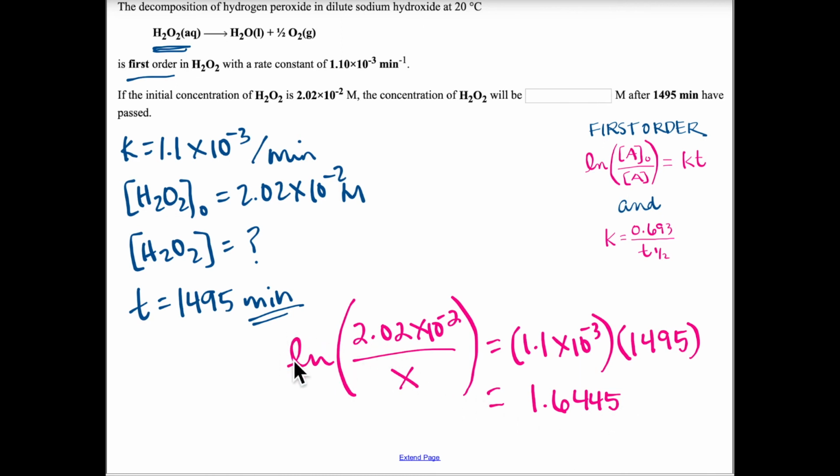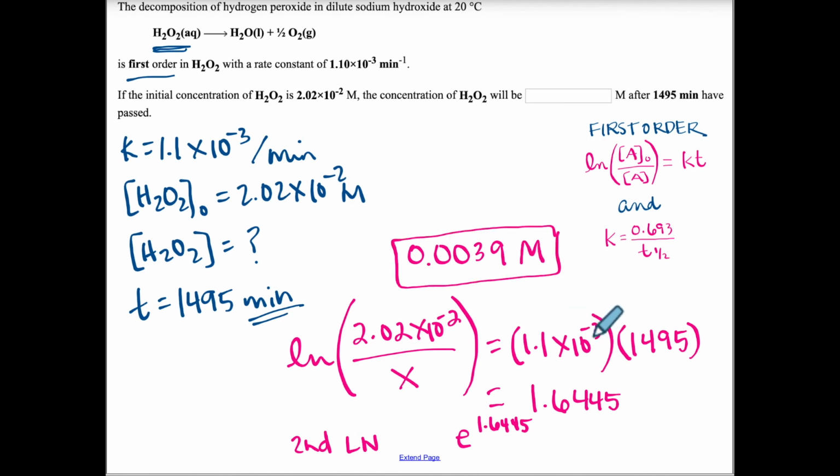And then to get rid of this ln, we have to do the inverse, which is e to the x. So you do second ln, which means you are taking e to the 1.6445. So again, you're typing second and then the ln button to get rid of this natural log. And then you just solve for x. And for this one, I got an answer of 0.0039 molar.